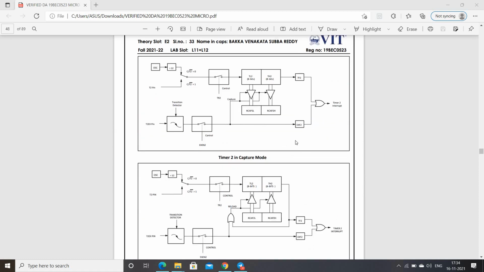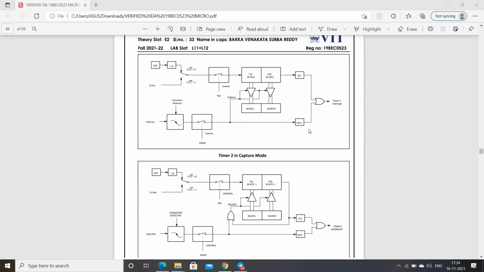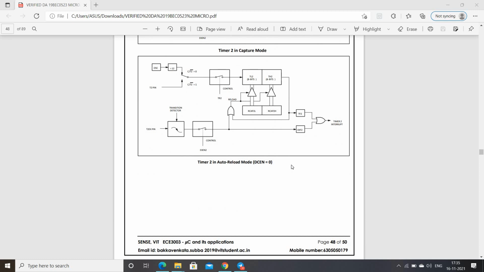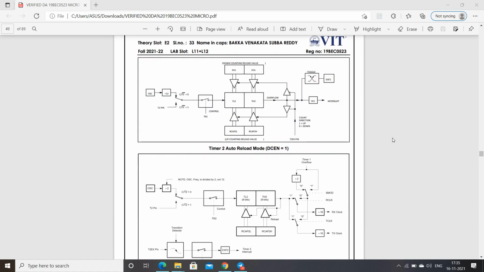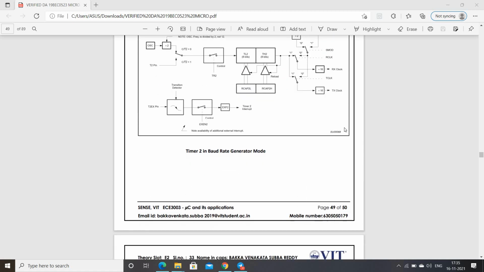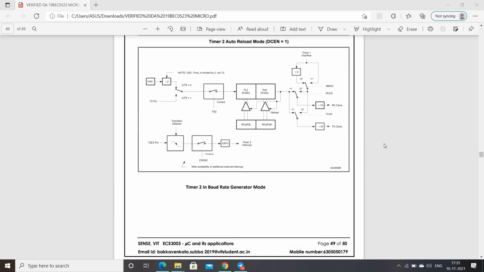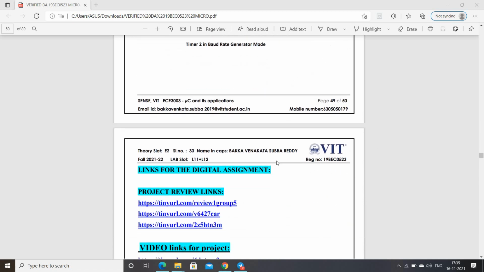And the diagram for timer 2 in capture mode, and the diagram for timer 2 in auto reload mode, DCEN equal to 0, and this is the diagram for timer 2 auto reload mode, DCEN equal to 1, and this is the diagram for timer 2 in baud rate generator mode.